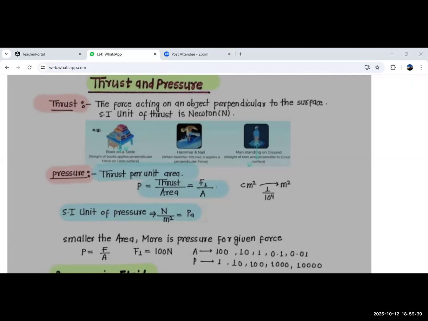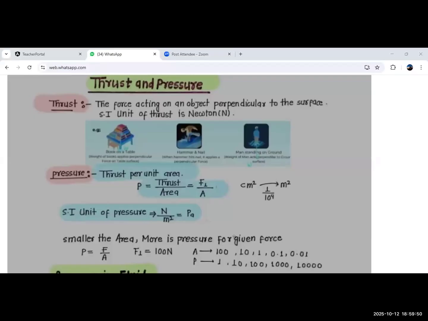Ma'am, we got the papers of the midterm. Tell me your marks in the chat. All right, Sulaiman.